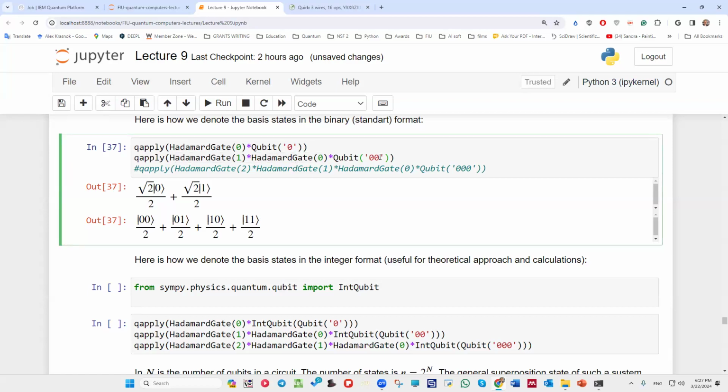At this point, you notice that the term 0, 0, for example, is 0 in integer form, right? Likewise the second term 0, 1 is the number 1. 1, 0 is number 2, and so on.